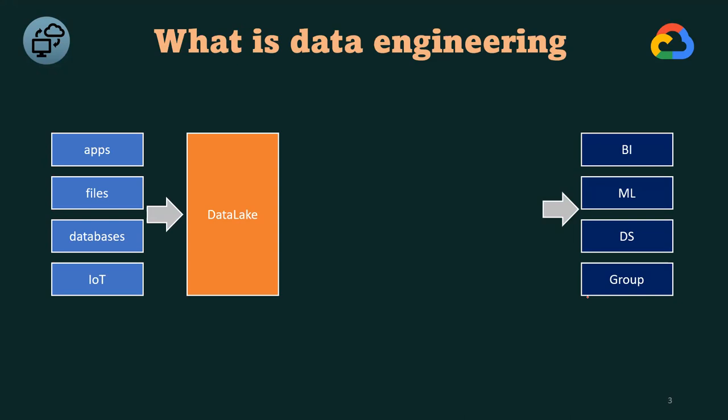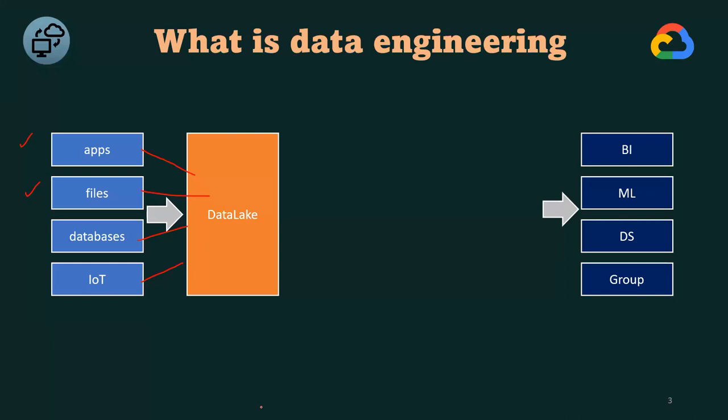For example, you are getting the data from here, here, here, and here. This application may be available in some other server, and this is available in some other server. So you have to extract this data from multiple data sources, from multiple locations, and store it into a data lake.